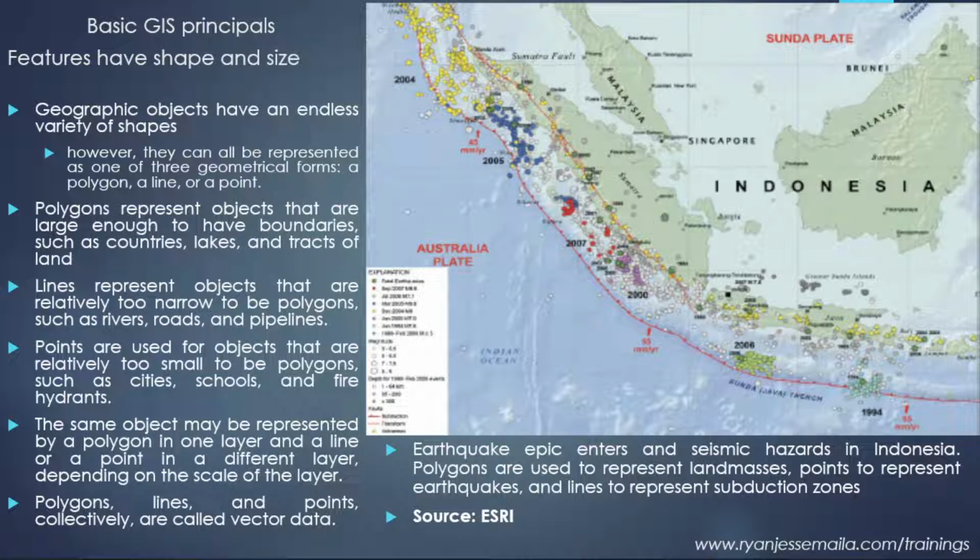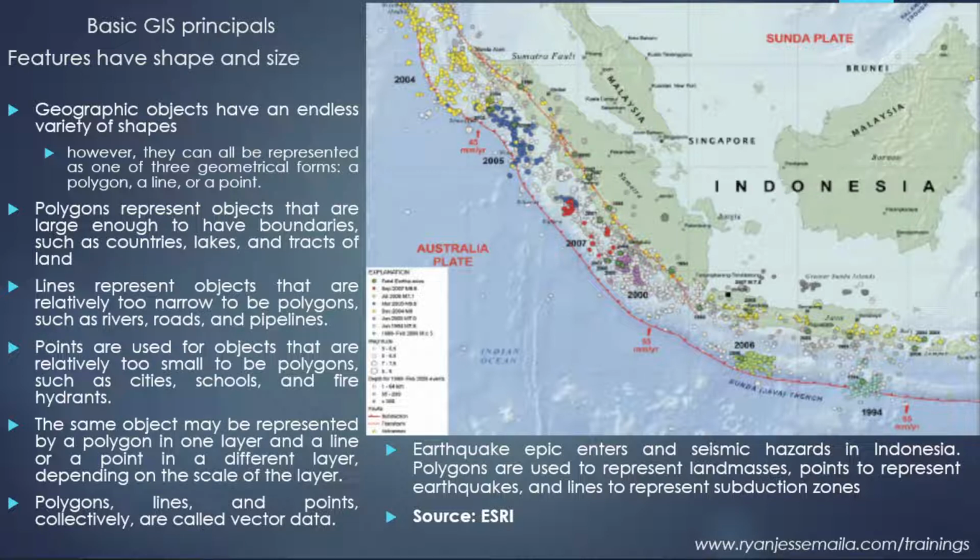Each point is represented as a single coordinate pair, and line and polygon features are represented as ordered lists of vertices. Attributes are associated with each vector feature as opposed to a raster data model which associates attributes with grid cells.